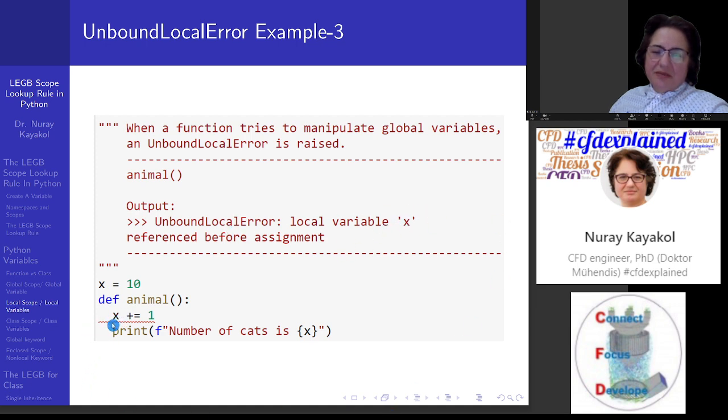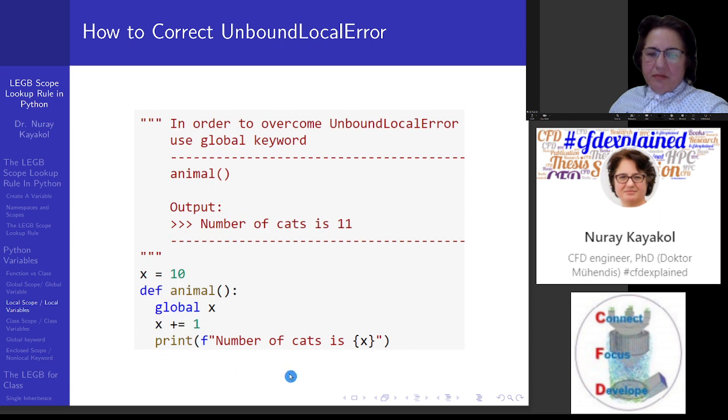Yes, x on the right hand side, not on the left hand side, but actually this means x is equal to x plus 1. So again you have to type global x to get rid of this error message.